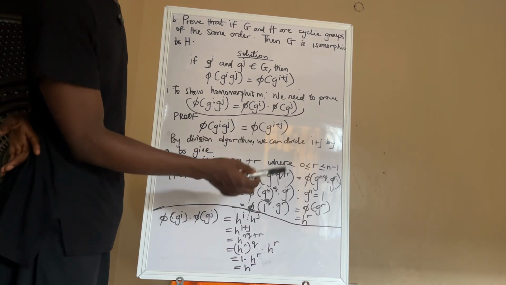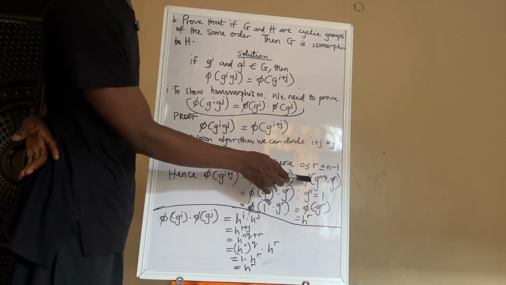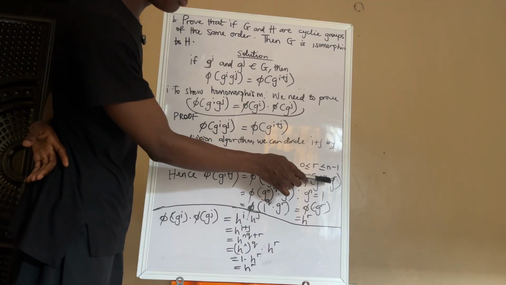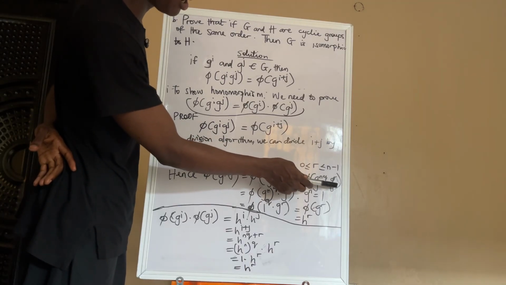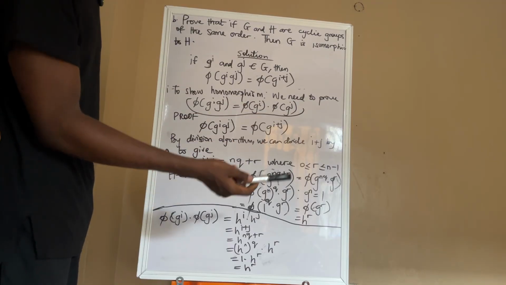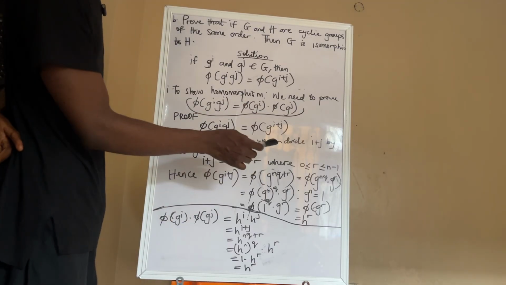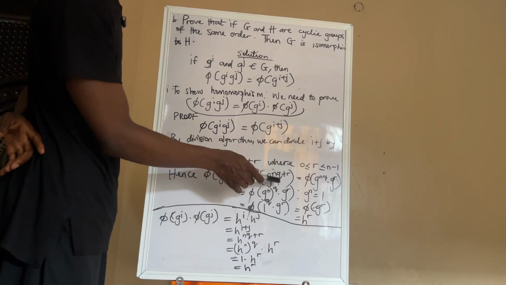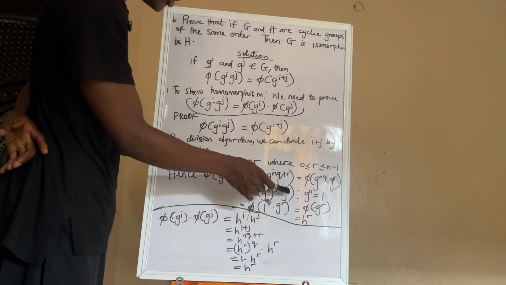Law of indices, I can separate that, which gives me phi of g^(nq) times g^r. This is g^r, don't mind my handwriting. Then simplifying that further using law of indices, I have phi of (g^n)^q times g^r.